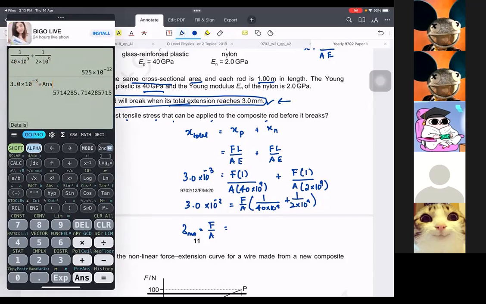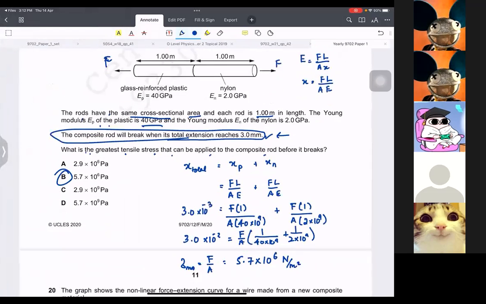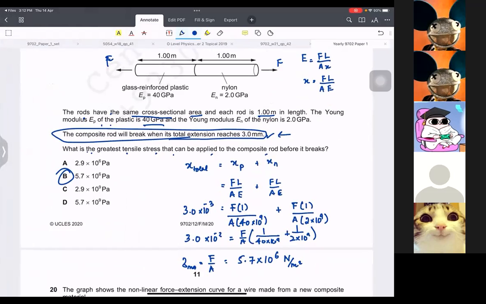So I'm getting 5.7, 1, 2, 3, 4, 5, 6, 6 Newton per meter square. And the answer is B. Okay, please let me know if you do not understand this. So these questions are quite tricky, I know, but you got to find the clue that is there. So I made a clue, made an equation, and did it.